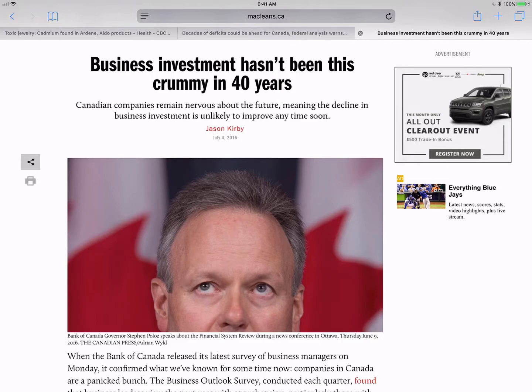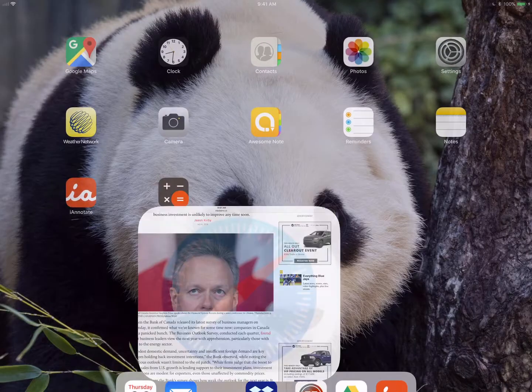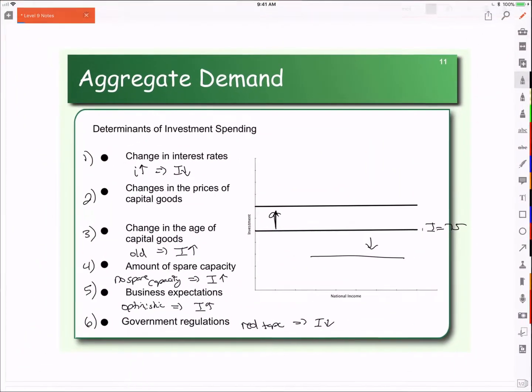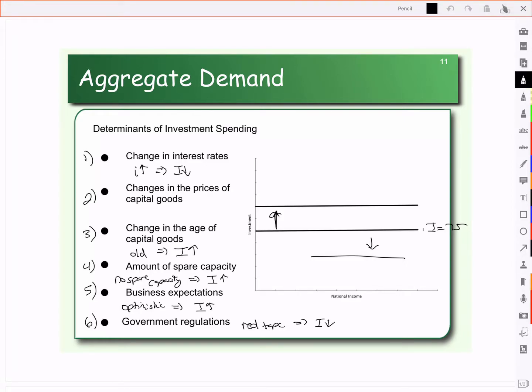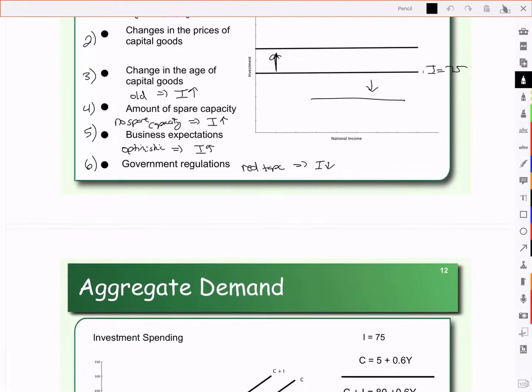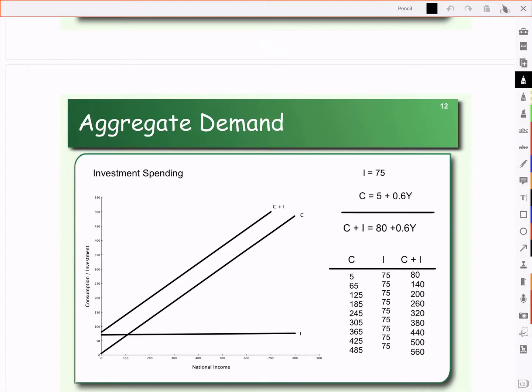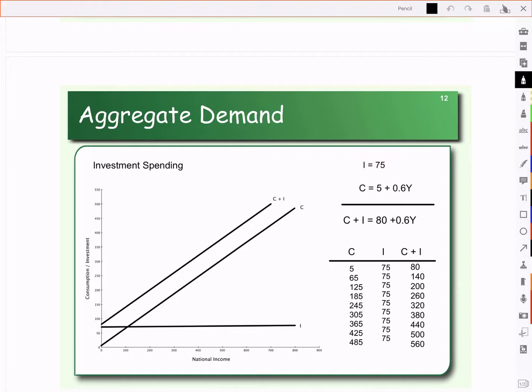If we go back to our notes here, for the example that we've been looking through, we found that consumption spending was 5 plus 0.6Y, and we found that investment spending is 75.